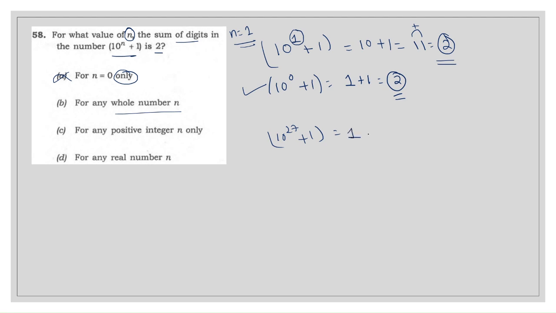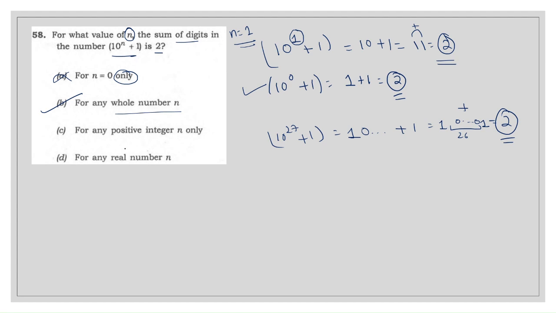And zeros don't constitute any value here. So this number will be 1, then 26 zeros, and then there will be 1 at last. After we add these, again we'll get the sum as 2 in this case as well. So this statement is true.